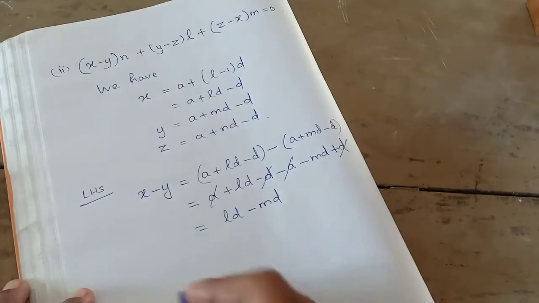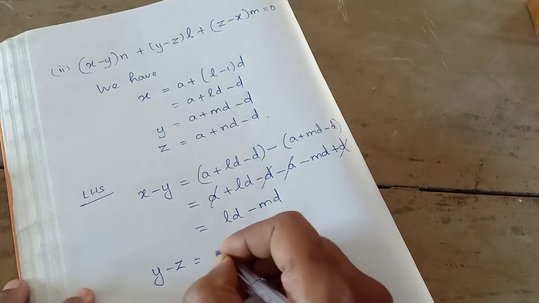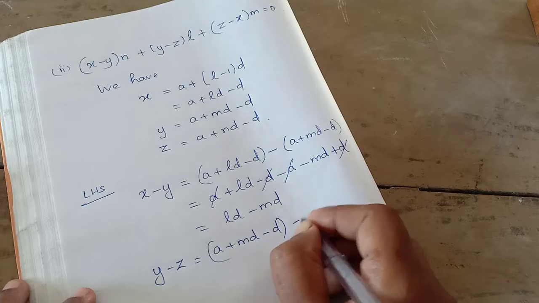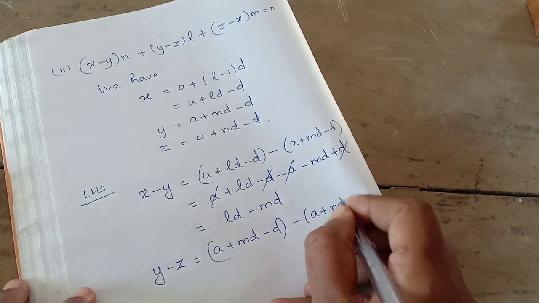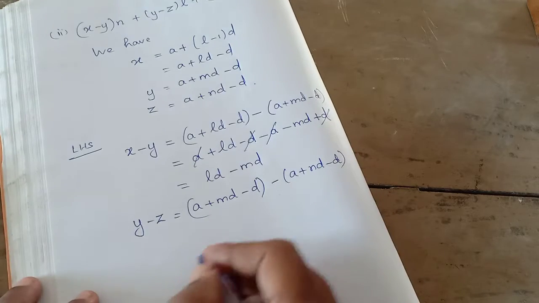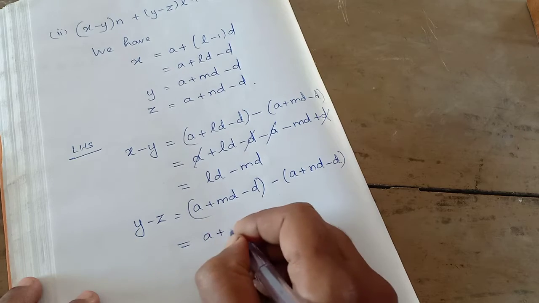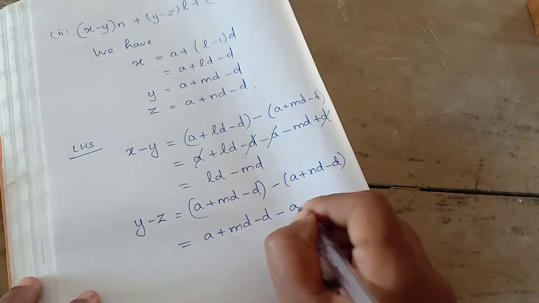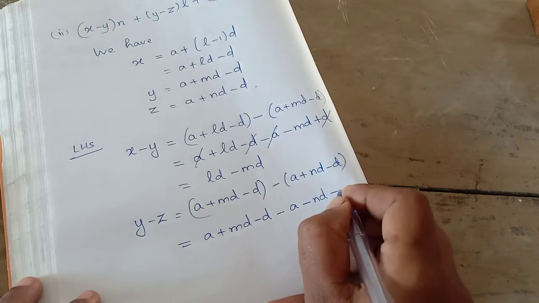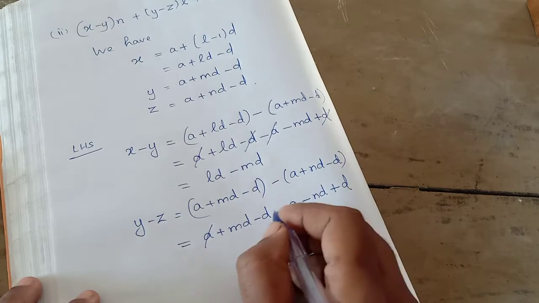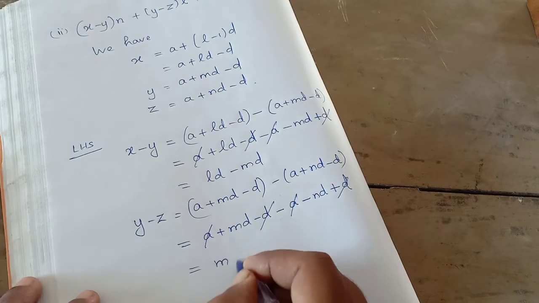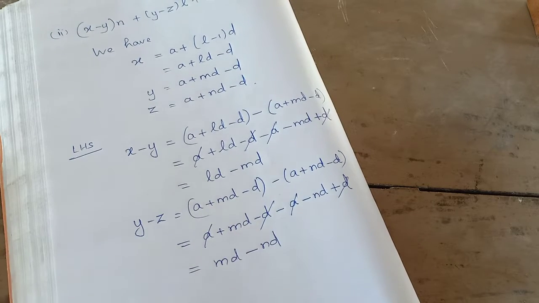Then similarly the second bracket, Y minus Z. Y means A plus MD minus D, bracket compulsory, minus A plus ND minus D. Multiply this minus inside. A plus MD minus D minus A minus ND plus D. So plus A and minus A cancel. D and minus D cancel. So MD minus ND is the last term.